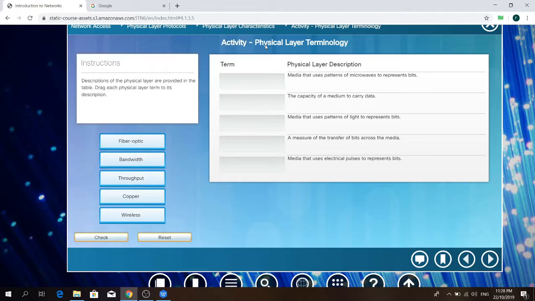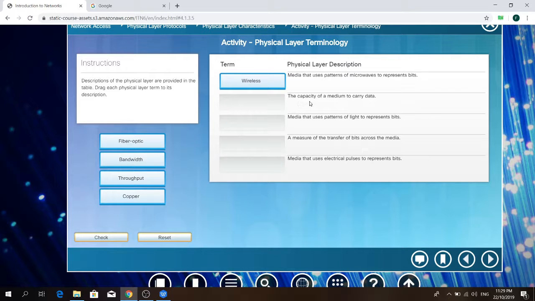Activity, physical layer terminology. Instruction: descriptions of physical layer terms are provided in the table. Drag each physical layer term to its description. Media that uses patterns of microwave to represent bits. That's wireless.